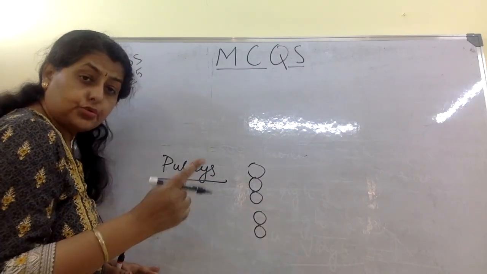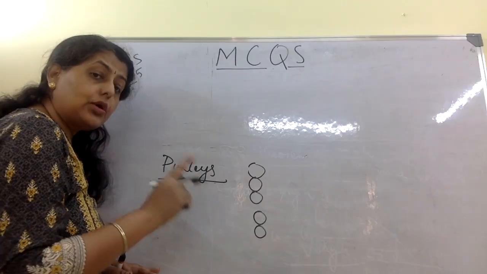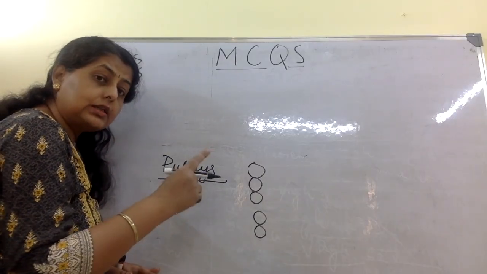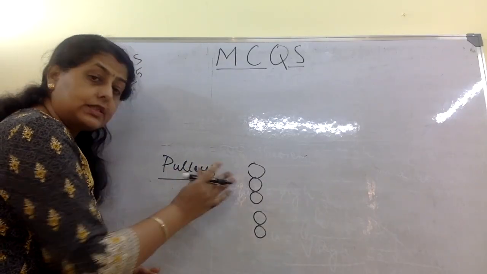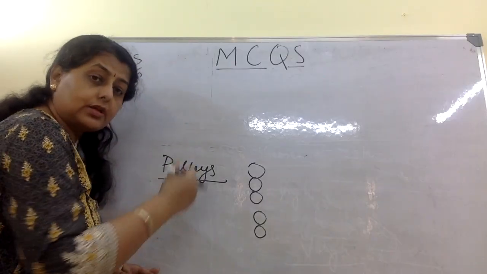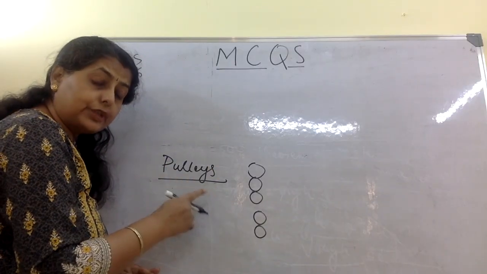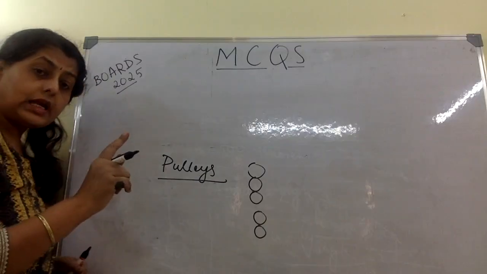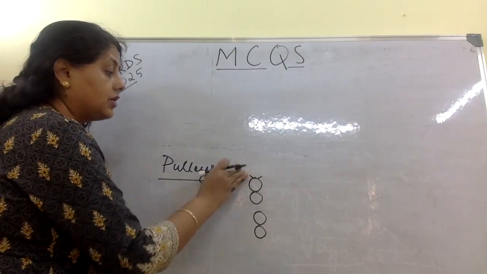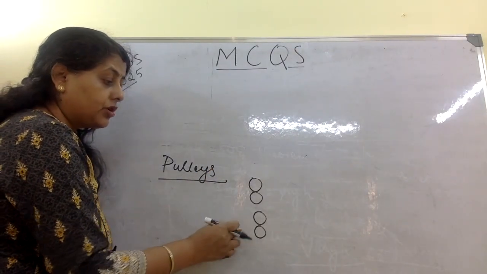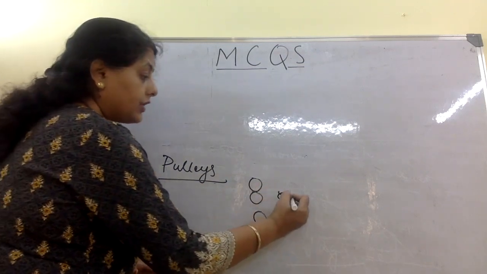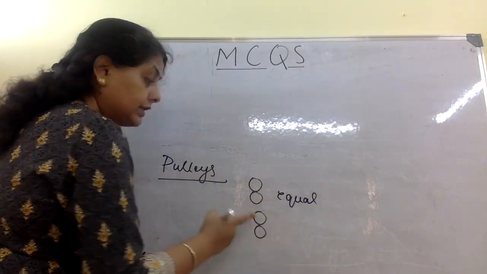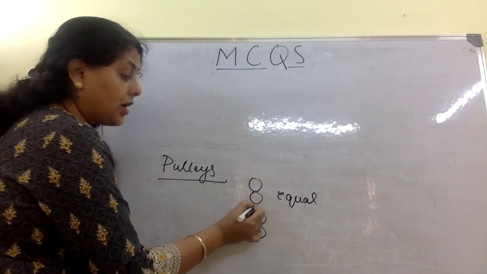Now the thing is how to do the threading. Be careful how to do the stringing. They usually give you this kind of a set and say show the path of the string. If both have an equal number of pulleys, then the string will start from the upper one.